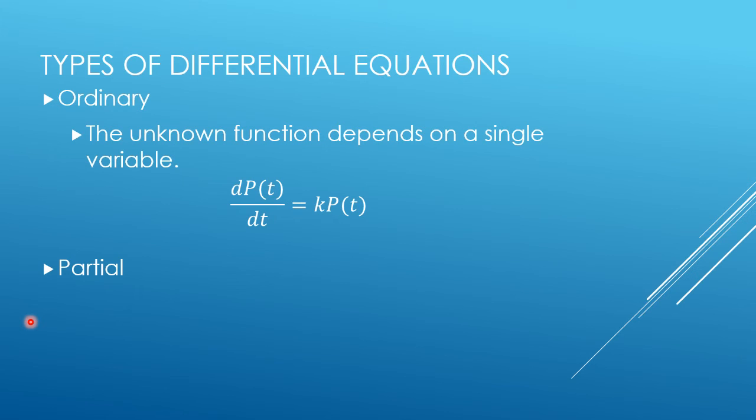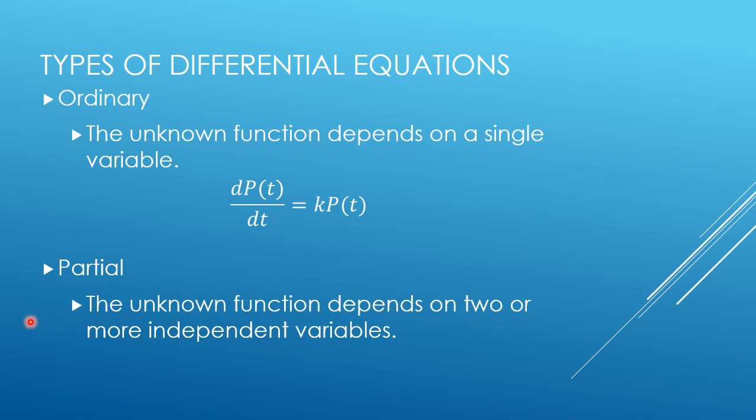And then the other one is a partial differential equation, where the unknown function depends on 2 or more independent variables. And a differential equation of that would be something that looks like this. And this is a partial differential equation. In this class, we're only going to deal with ordinary differential equations. Partial differential equations are a totally different class, usually taken after you finish differential equations.